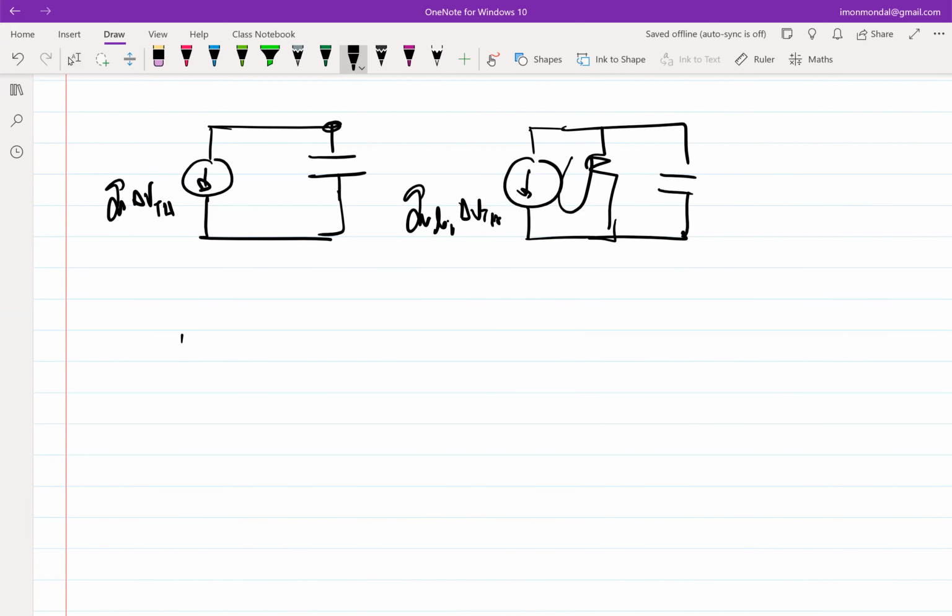forget about this circuit. If I tell you this is the current source and this is the capacitor, and this is the constant current source, what will this voltage look like? It will keep on increasing. Now I put a resistor here. At steady state, what will that voltage look like?